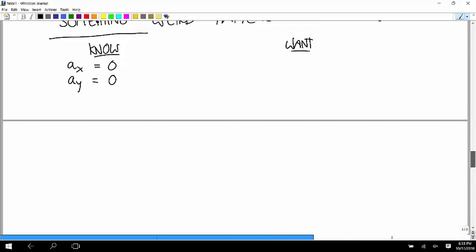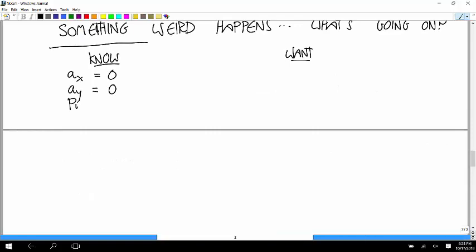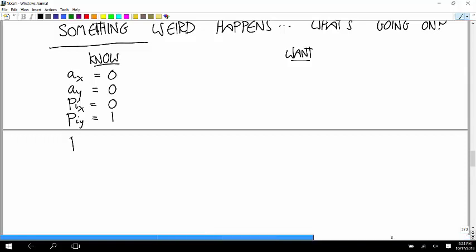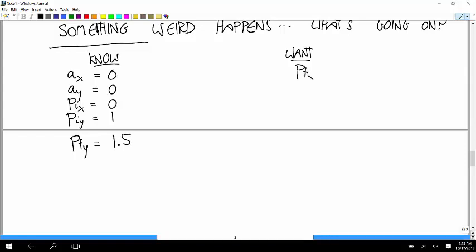The initial position is 0x, 1y. The final position, we know that pfy is 1.5. We're trying to find pfx.